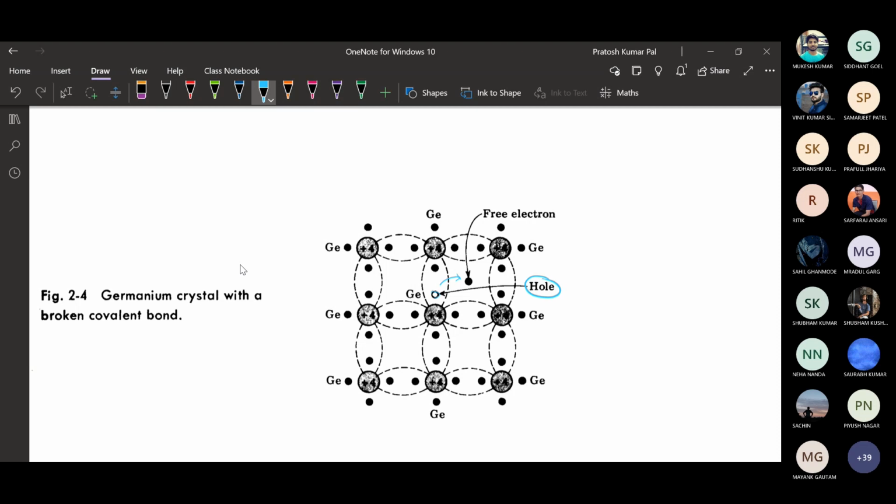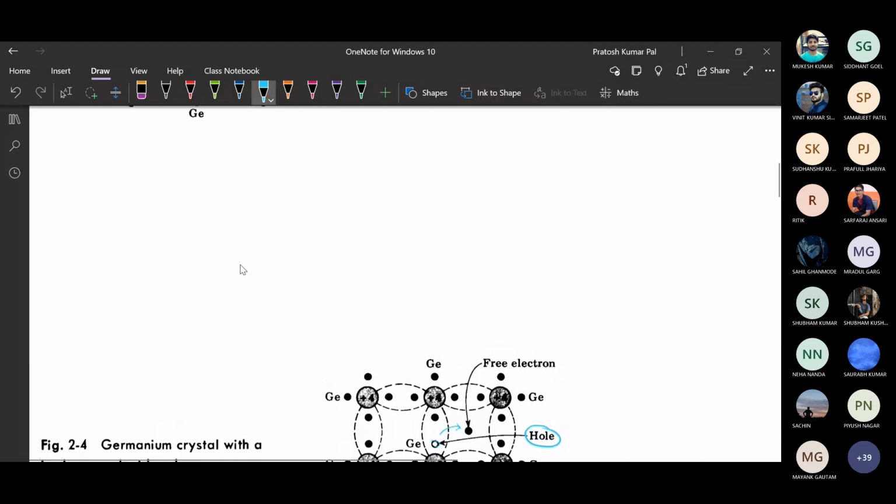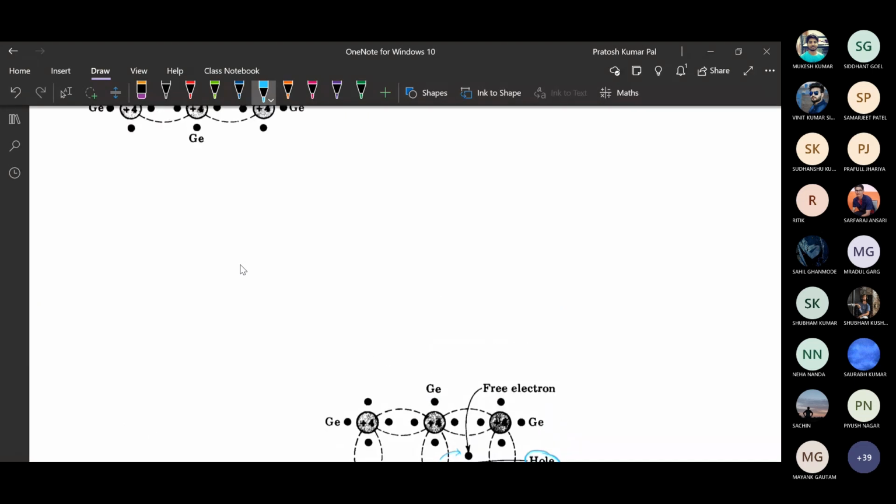Okay, so this is basically the concept when we are applying the temperature. So at 300 degree Kelvin, we call it room temperature, basically electrons are acquiring thermal energy.